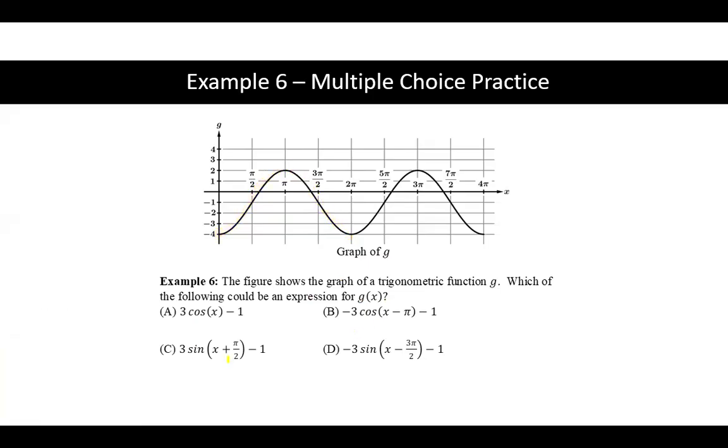Looking at the sine options, this one is telling us that we went to the left pi over 2. So our sine function shifted to the left pi over 2, which it could. I just don't see that at this moment, right? Just because I don't see it doesn't mean it did not happen. But if we're looking at it from a sine function, this is our sine from here. This is my sine function, and sine functions have that rotational symmetry, correct?